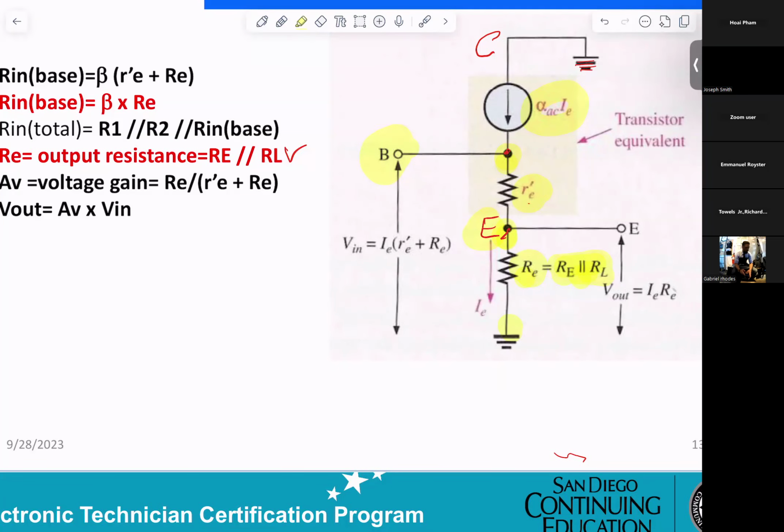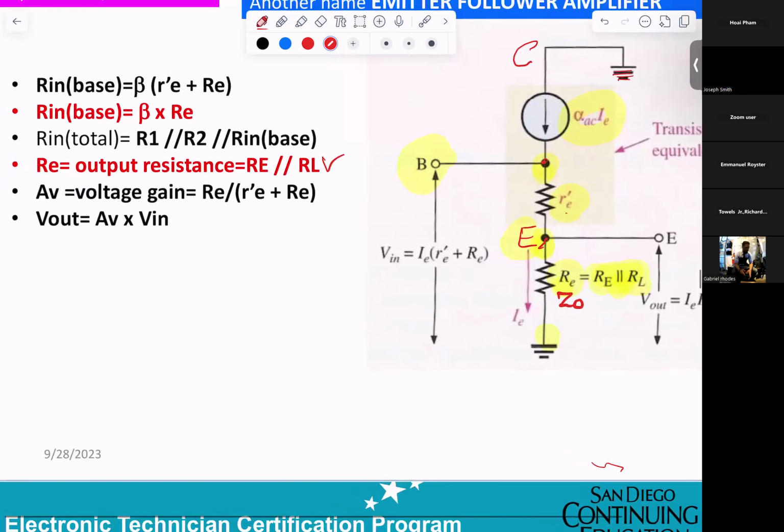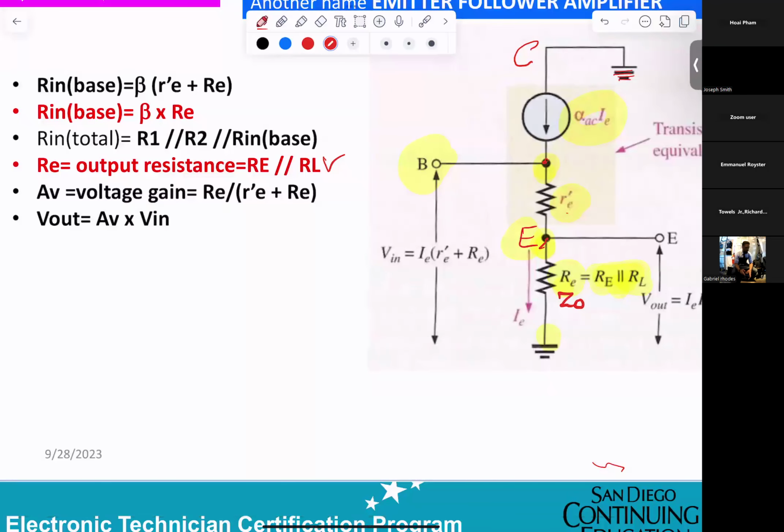I take this from the textbook, so they use lowercase e for AC, and normally we can use R out. Same thing, so they already give it to you here.